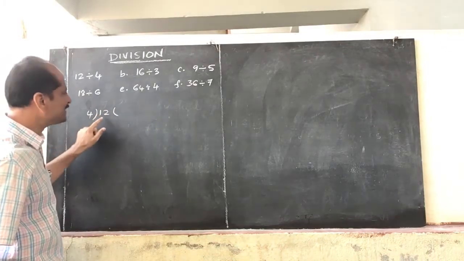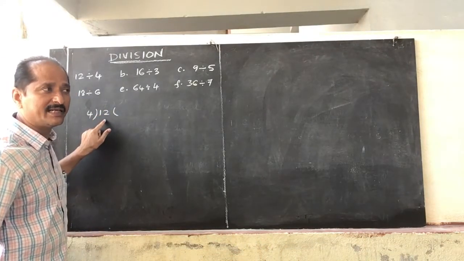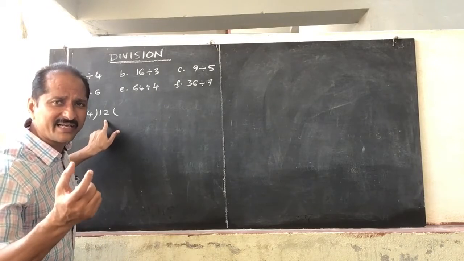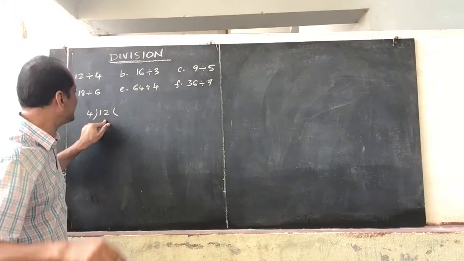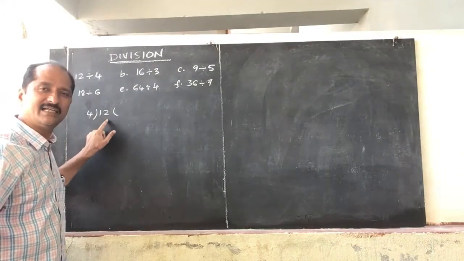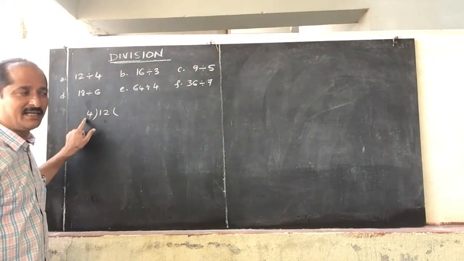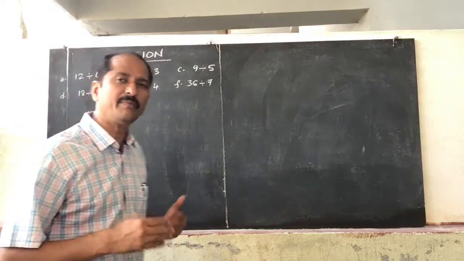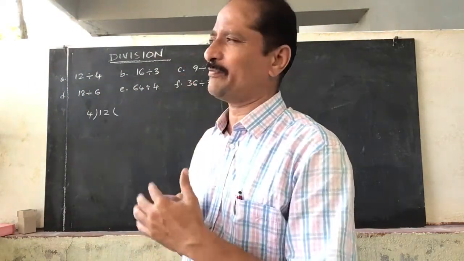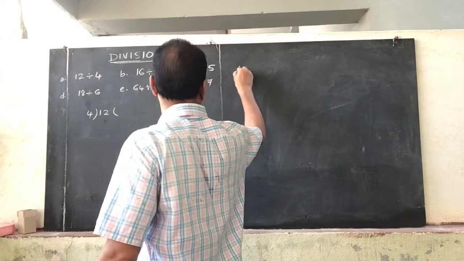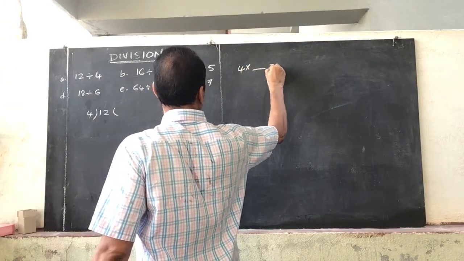So the greatest number is said to be the dividend. That means what we are dividing is known as the dividend, and the number with which we are dividing is the divisor. So 12 is the dividend, 4 is the divisor. It means 12 divided by 4 means we are finding how many 4s are there in 12. How many 4s make 12?